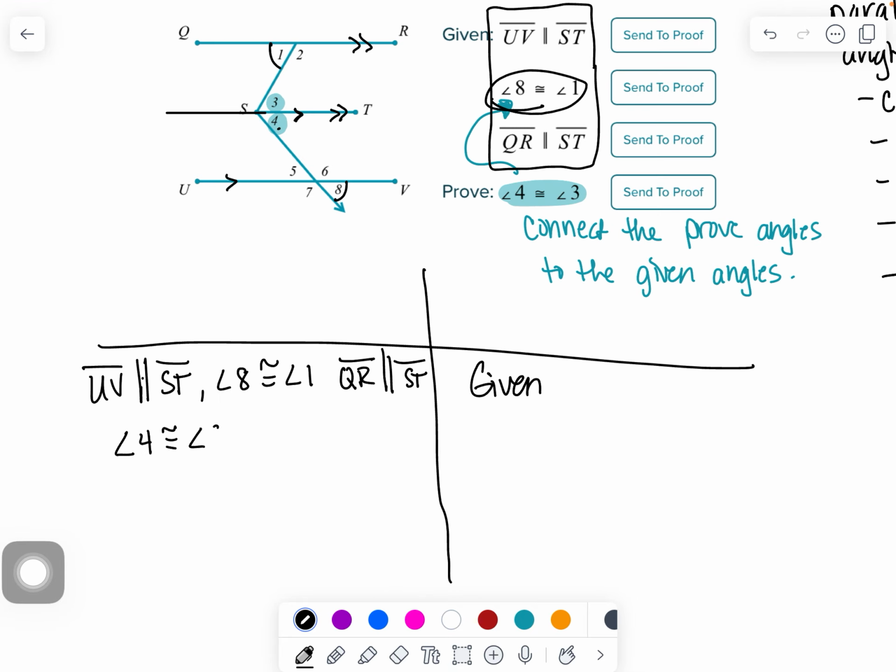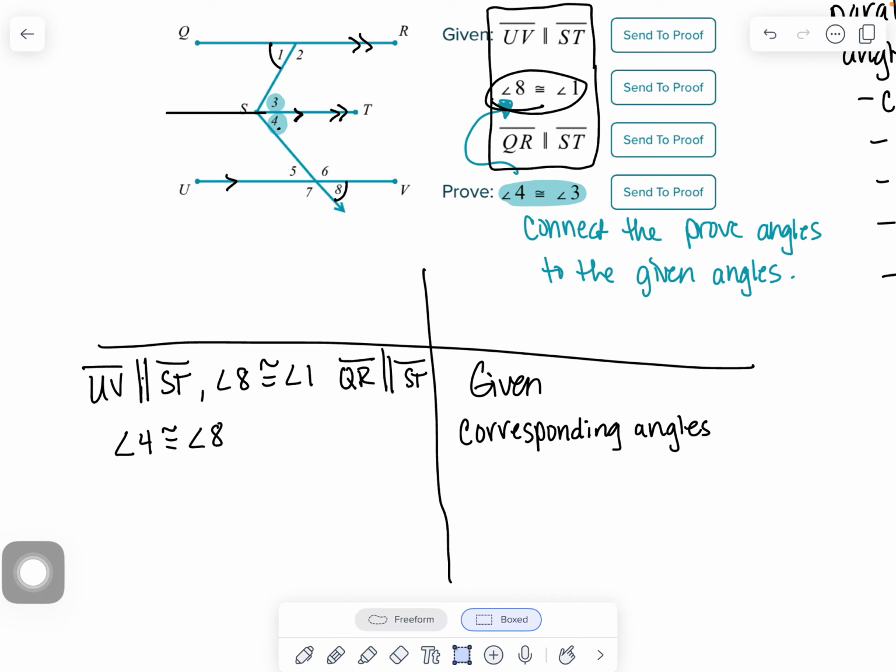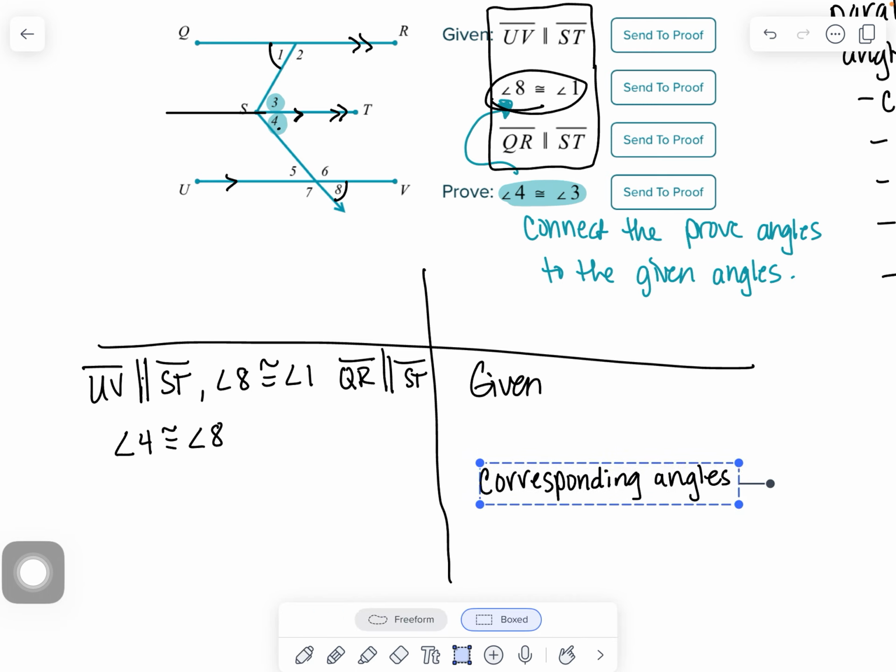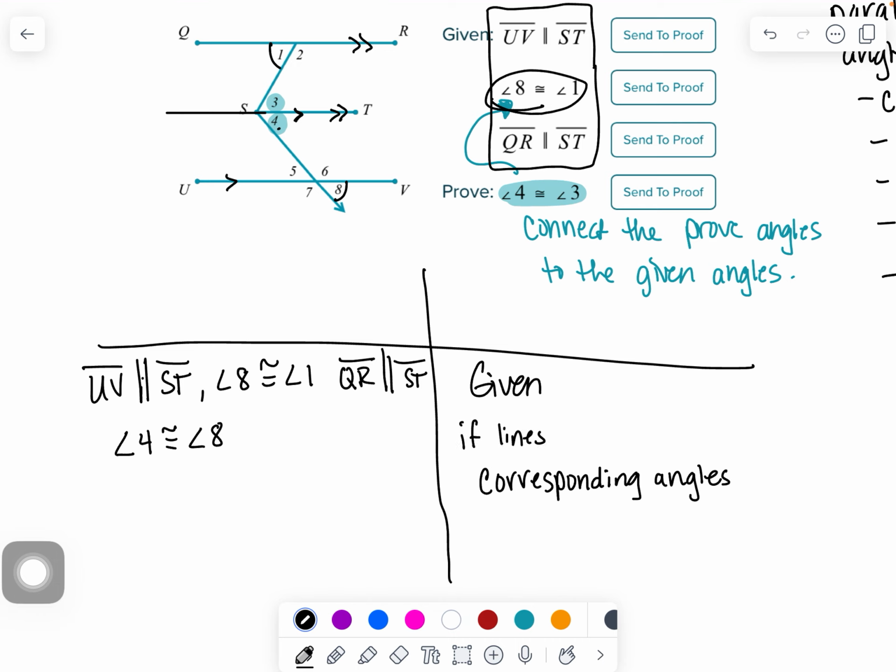Angle 4 and angle 8 are congruent because of corresponding angles. And specifically, we're going to have to use the words that say, if lines are parallel, then corresponding angles are congruent. That's what we need to have. That's going to be our next line.